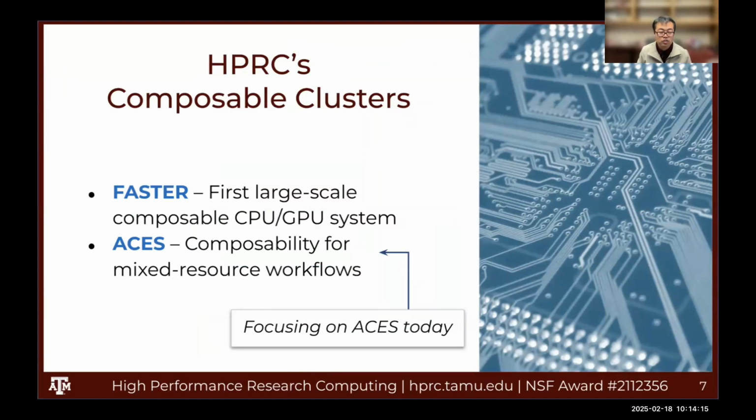We have NVIDIA GPUs, Intel data center GPUs, and also other accelerators. So it's a mixed resource and more complicated than the FASTER cluster. We will focus on ACES today.